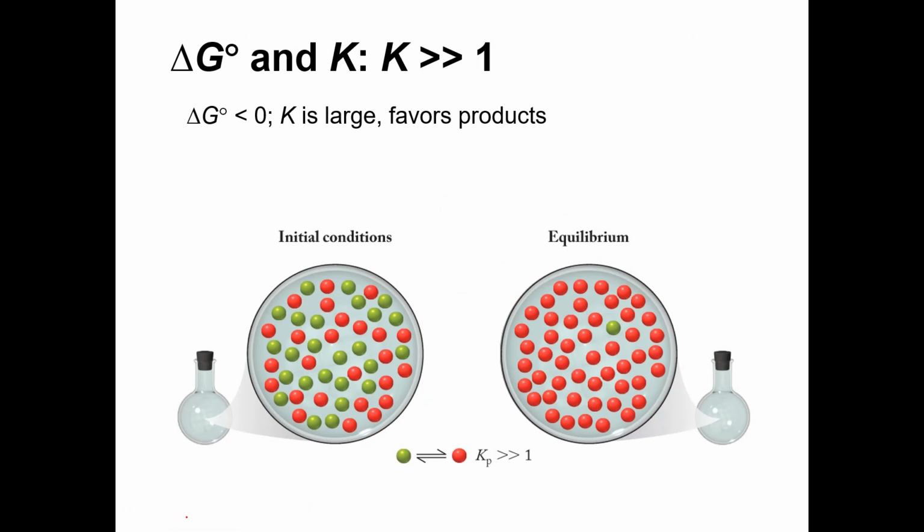So, how can we relate those to which direction a reaction will go? Well, if delta G naught is less than 0, which means the reaction is spontaneous, and K is large, remember if K is much greater than 10 to the third, then we favor the products.